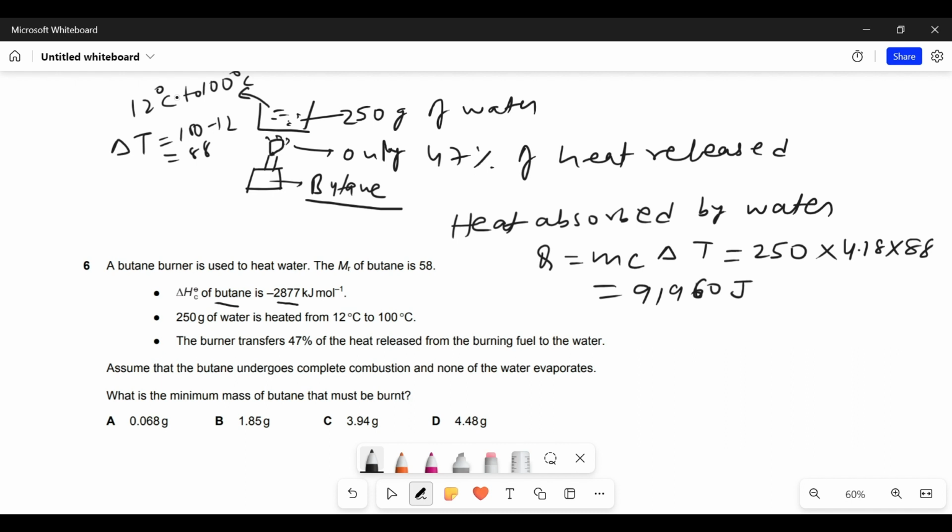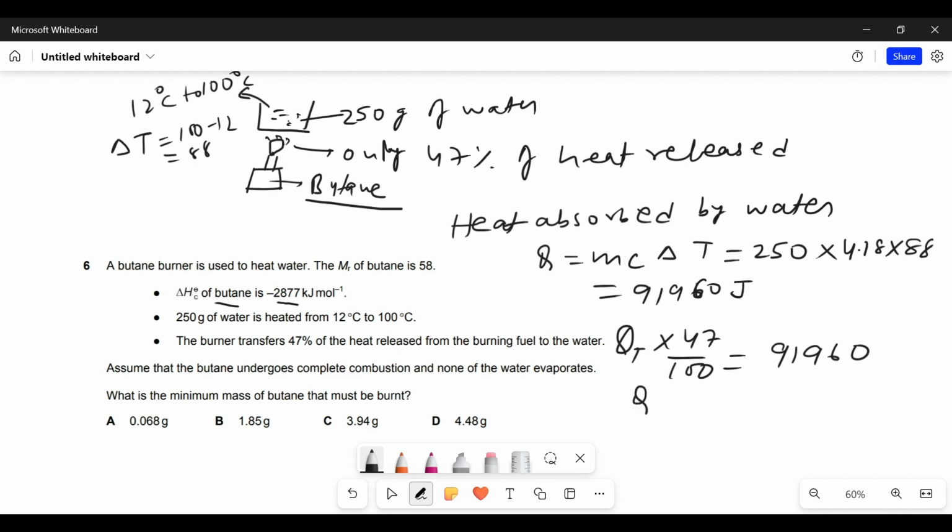And as we know that this is only 47% of the total heat released from burning the butane. That means total heat, if QT, let's say this is the total heat released, out of this only 47% is being absorbed, which is equal to 91960.